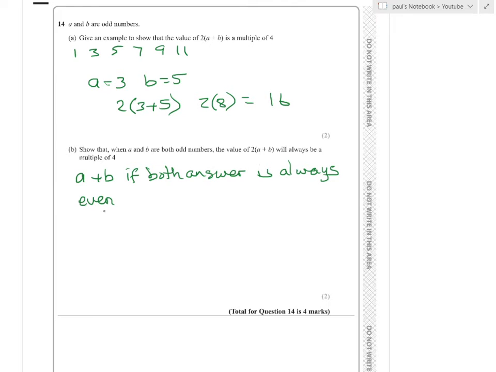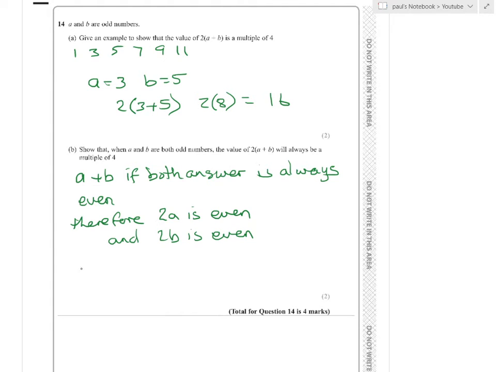So therefore we're multiplying, yeah? So therefore 2 times A is even, and 2 times B is even. Yeah?